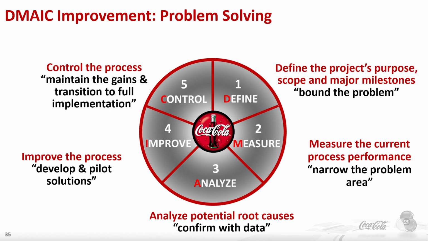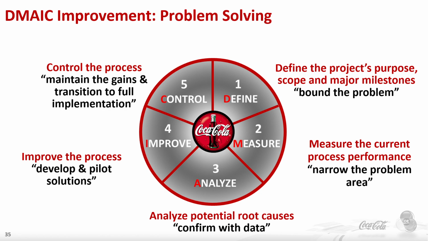Then we have analyze. This is one of the most important steps, in which the potential root causes of that problem are analyzed, are identified, and these are confirmed with the data that either these are valid for that particular data of this problem or the system.